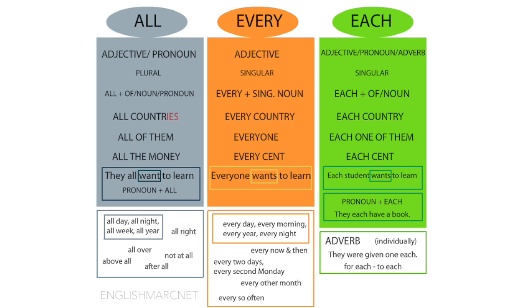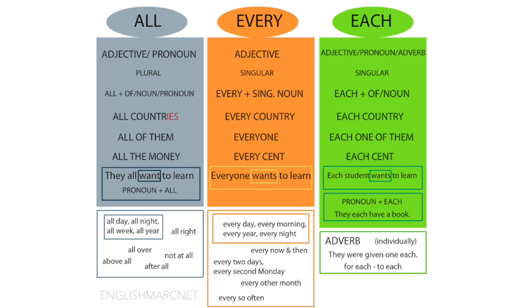The third example, all the money. For example, I spent all my money on shoes last month. So the next example is, as you can see in the diagram, they all want to learn English.